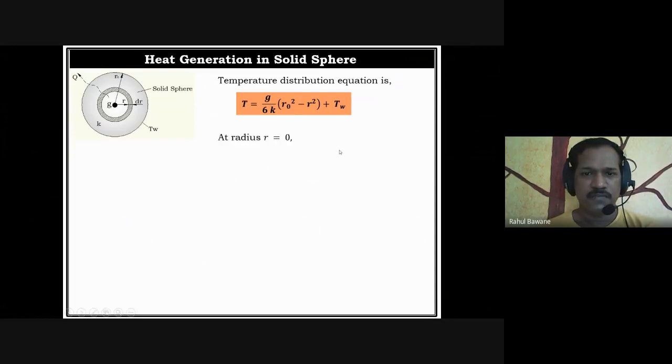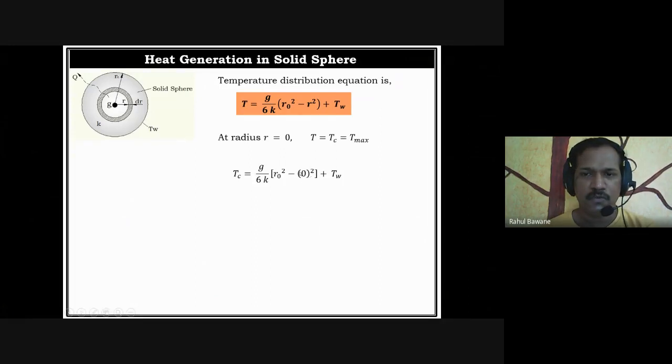Now if I consider the center of the sphere where the radius is 0, the temperature will be T center, and that is the maximum. So T center will be at R equals 0. So I have to put only R equals 0 in this equation.